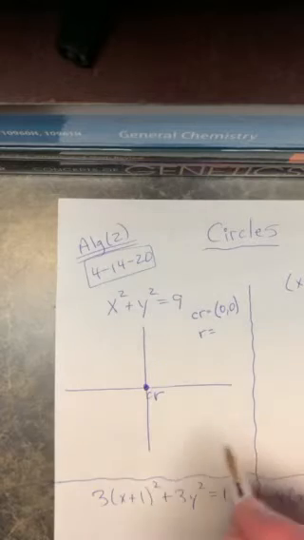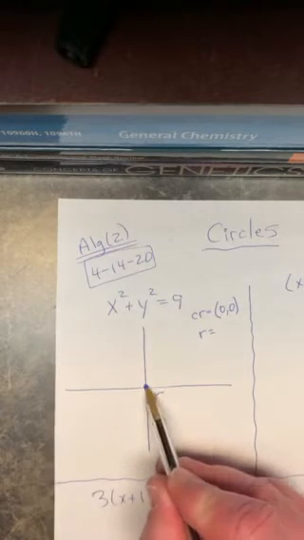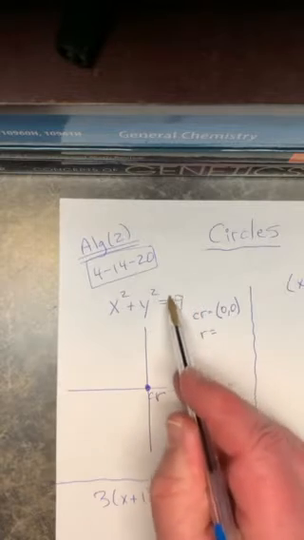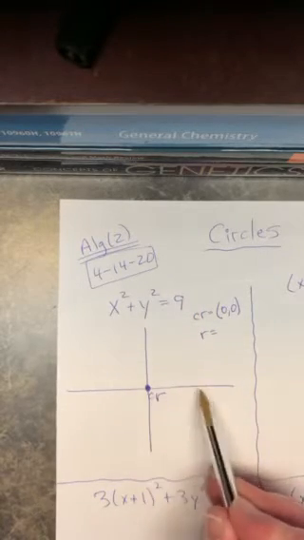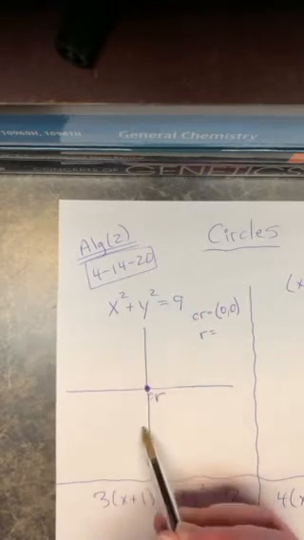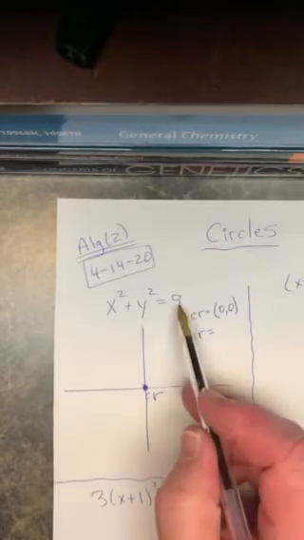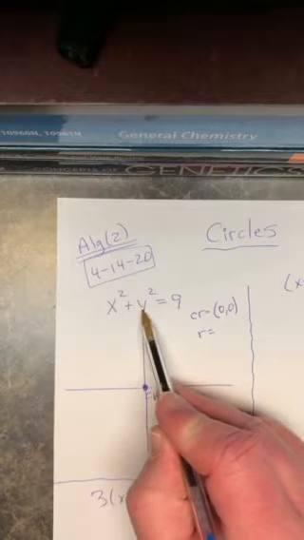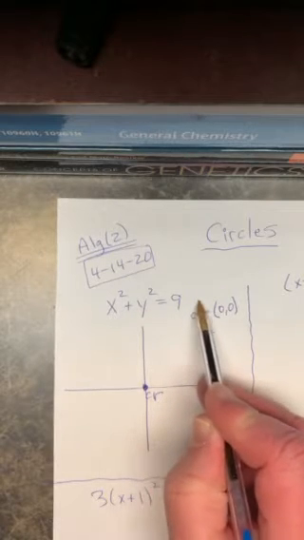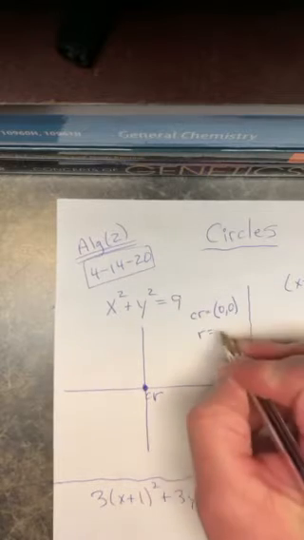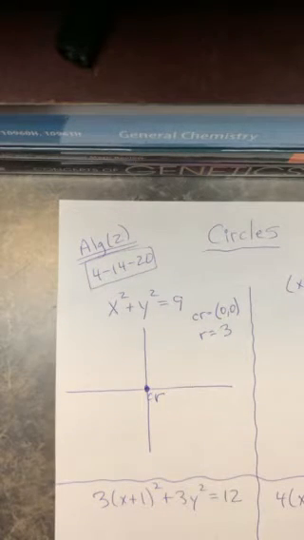Now, the radius, of course, is the distance from the center to the edge. Now, all you guys see a 9, so I know you're tempted to go right 9, left 9, up 9, and down 9. Stop that thought. That is incorrect. It's x squared plus y squared equals r squared. What number did you square to get 9? Oh, that number would be 3, wouldn't it?